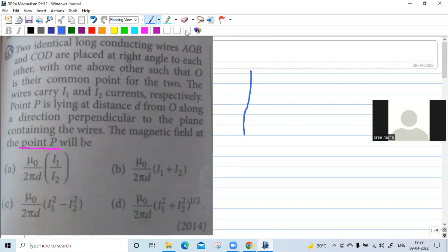There are two straight wires, EOB and COD. See the other side.